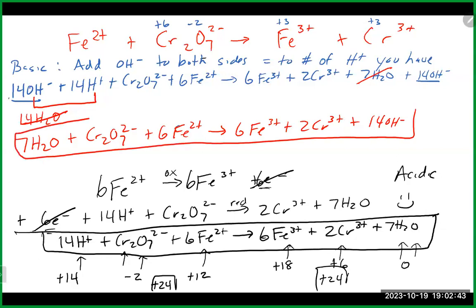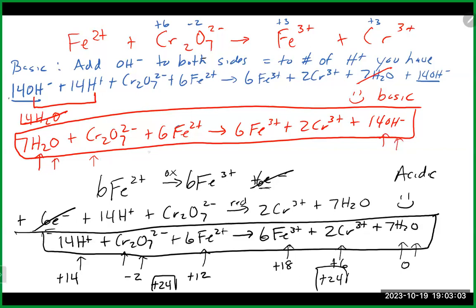And if I did that correctly right there, I put another happy face and I call that balanced in basic conditions. It should still be balanced both ways. So once again, 14 hydrogens on each side. 7 and 7 is 14 oxygens, 7 in each of those, 14 oxygens. 6 irons, 2 chromiums, 2 chromiums.